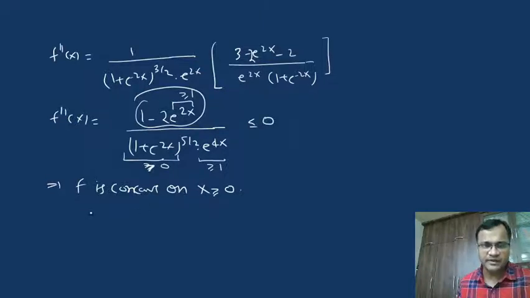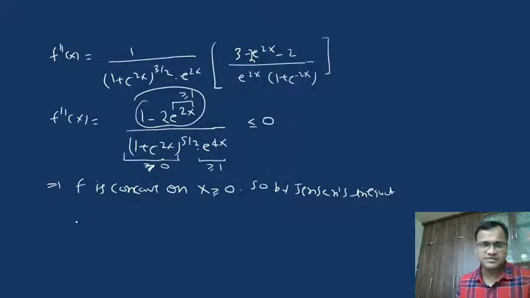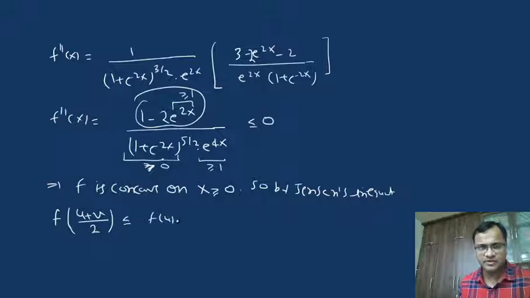And f is concave, so by Jensen's inequality, f of (a plus b) by 2 is less than or equal to (f(a) plus f(b)) by 2.